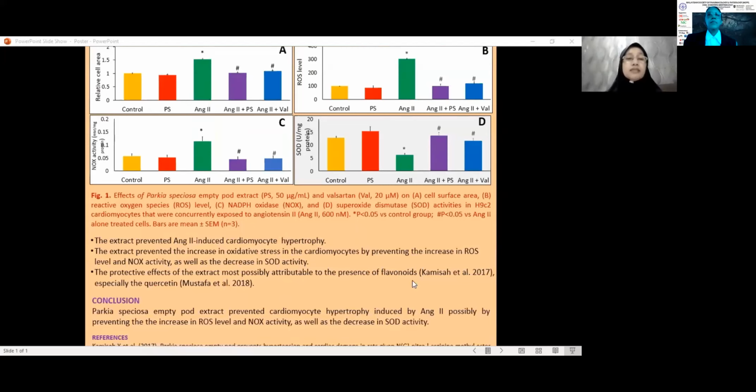The protective effects of the plant are most possibly attributable to the presence of flavonoids, especially quercetin. In conclusion, Pakia speciosa empty pod extract prevented cardiomyocyte hypertrophy induced by angiotensin II, possibly by preventing the increase in ROS level and NADPH oxidase activity, as well as the decrease in SOD level. Thank you.